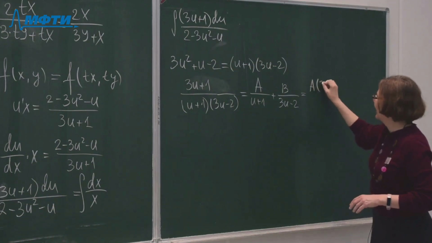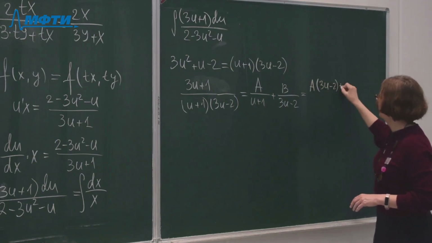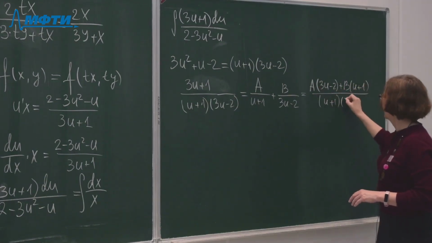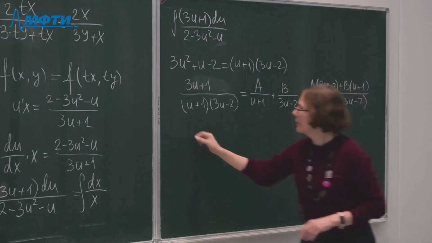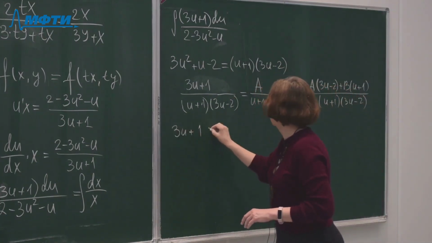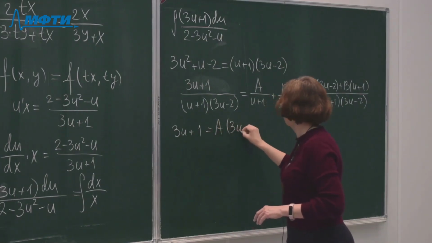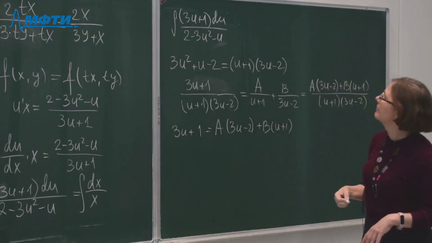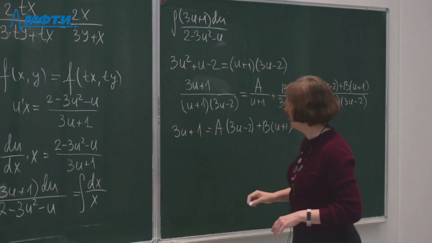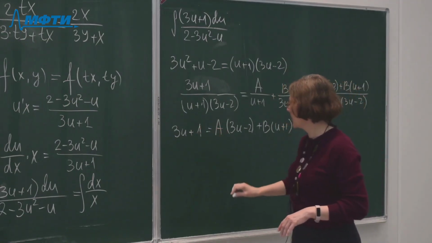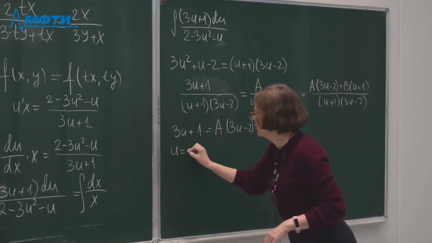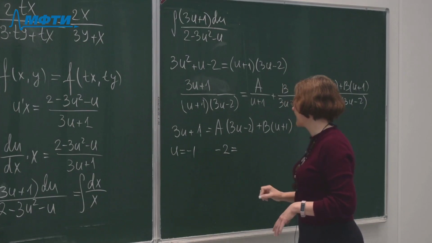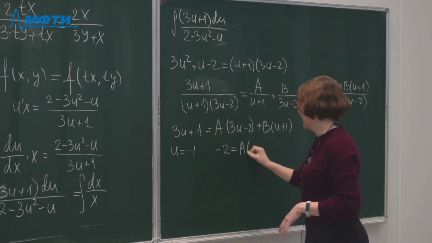So it is A times 3u minus 2 plus B times u plus 1, over u plus 1 times 3u minus 2. And then we have the following: 3u plus 1 equals A times 3u minus 2 plus B times u plus 1. Let's find A and B by substitution. Let's substitute u equals minus 1, and we will get minus 2 equals A times minus 5.